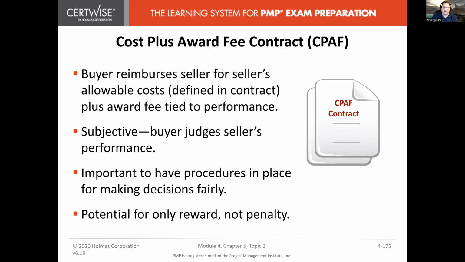So you need to have procedures in place to make sure this is decided fairly. And it's an award, not a penalty. The penalty might be you don't use them in the future, or you negotiate harder to get a lower cost because you know they're going to have X number that are going to be poor quality.